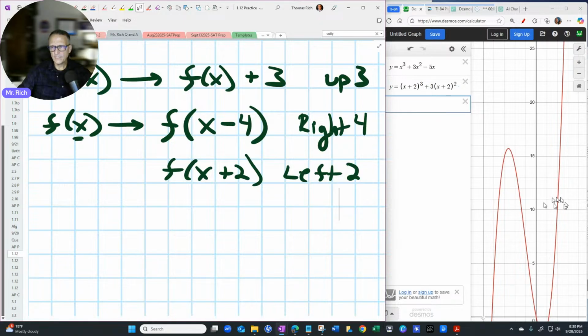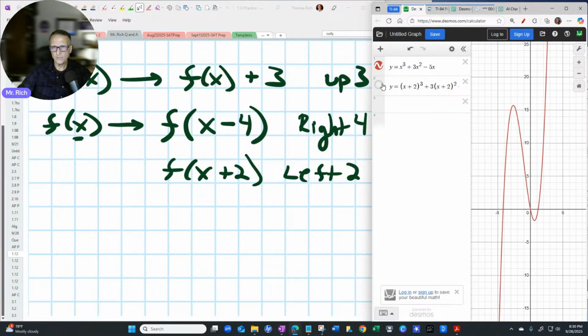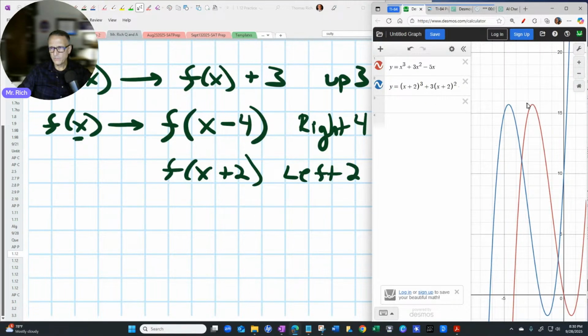Now let's see if that's legit. I'll turn that function on and see if it doesn't go left 2. Okay, it does. So you can see that that resulted in a shift right here, maintaining that y value, 15.7. That's a negative 4.63. So it perfectly shifted the entire graph of the function left 2 units.